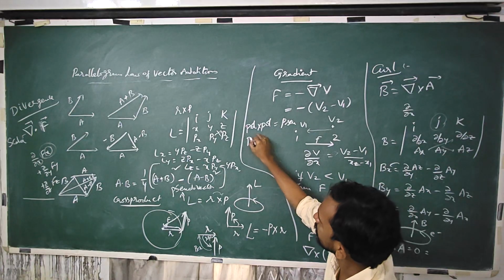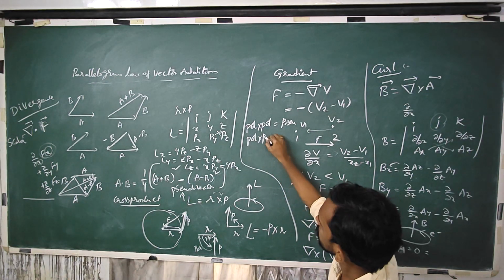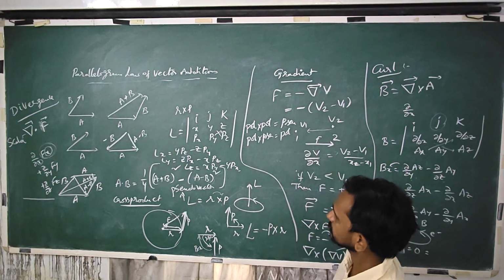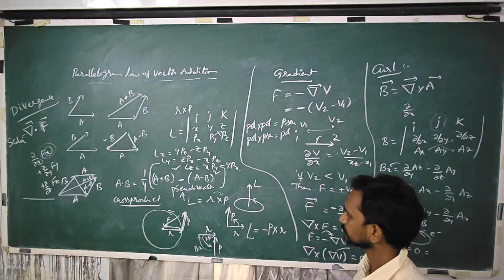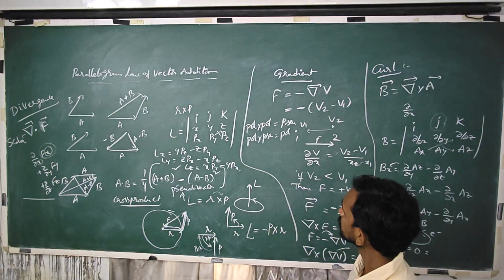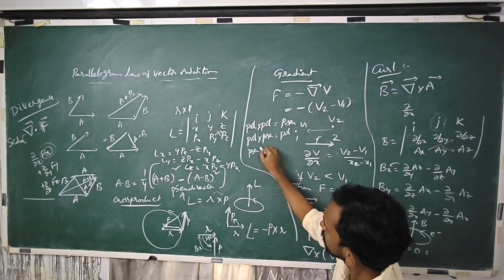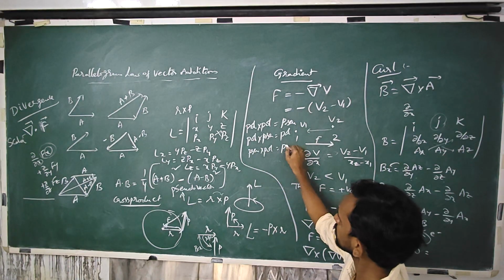And if you multiply a polar vector with a pseudo vector, you will get polar vector again. And if you multiply pseudo vector with polar vector, you will get polar vector.